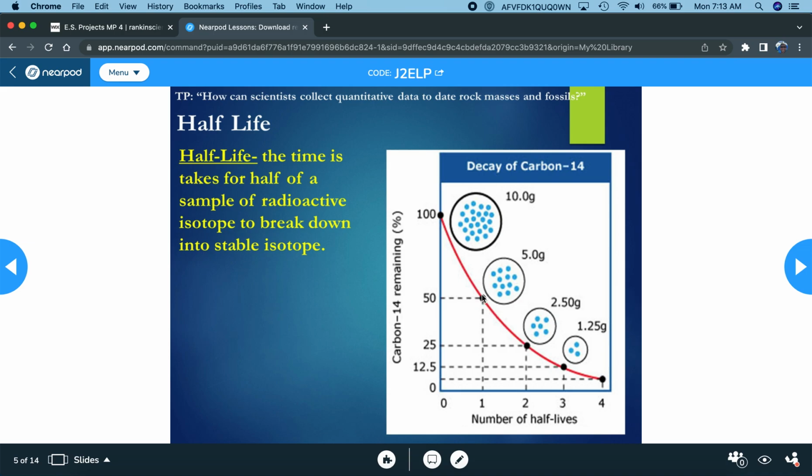Right, then half of 50 is 25, right? And then according to the graph, that would be your second half-life, right? That would be another 5,700 years, or another 5.7 times 10 to the third years, which will give you 11,400 years, or in scientific notation, 11.4 times 10 to the third power. Or you could do 114 times 10 to the second power.